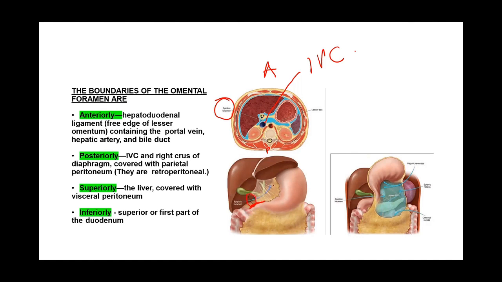This is the lesser omentum, and this free edge is the hepatoduodenal ligament. As you can see, the inferior border is the superior or first part of the duodenum, and you can see that blue arrow is leading into the lesser omentum. And this other image here is lifting up the stomach so that you have a mental picture of what that cavity looks like.